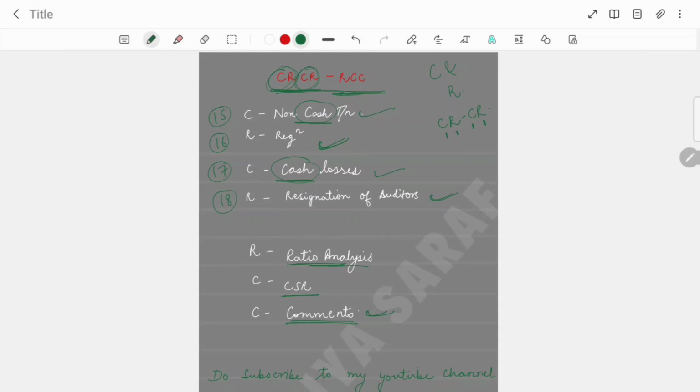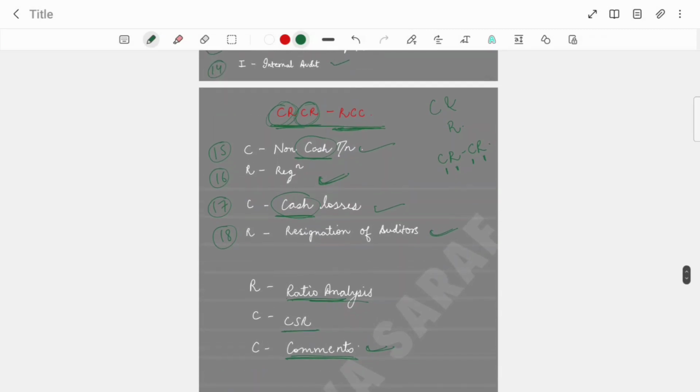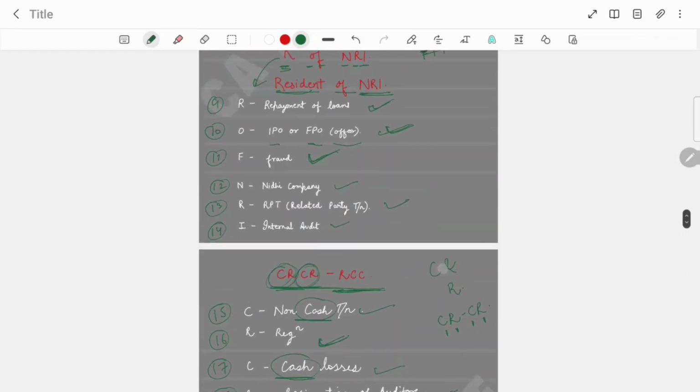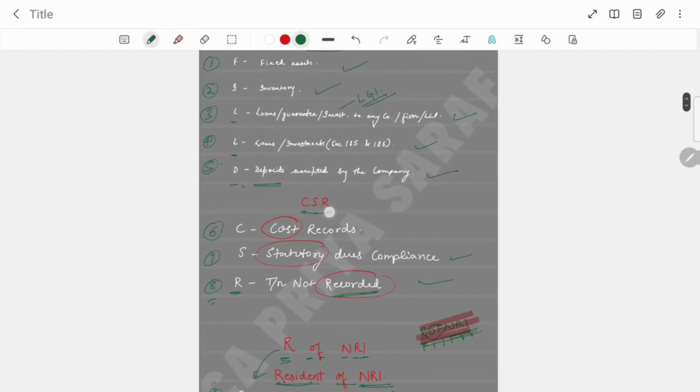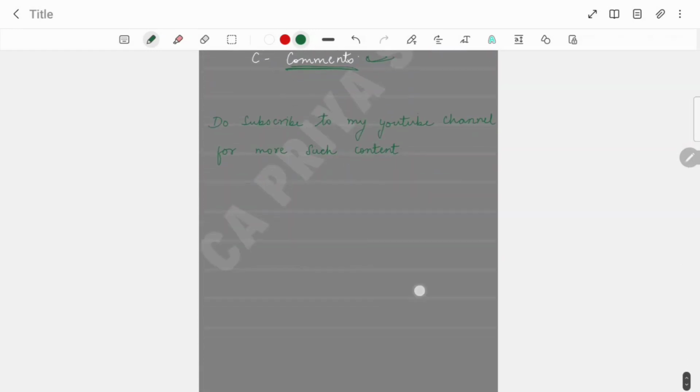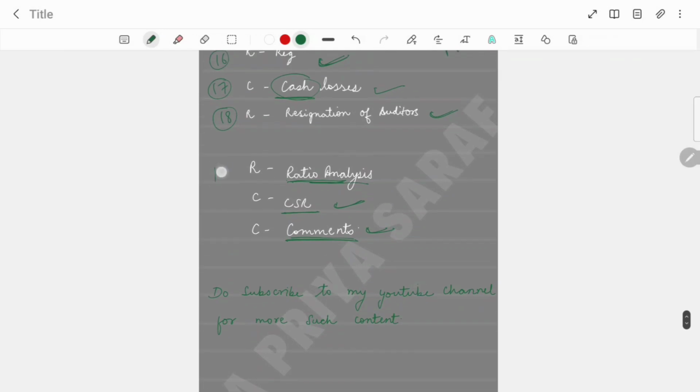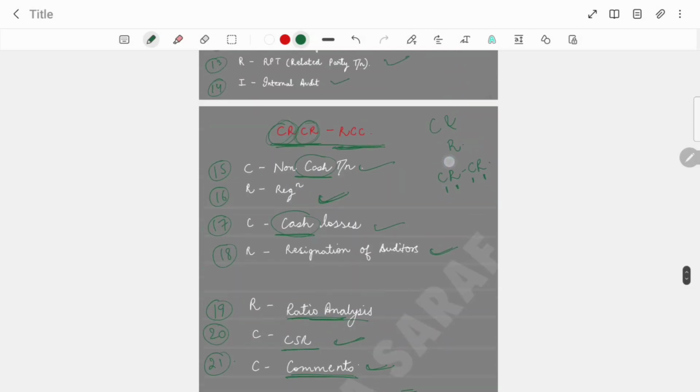When everything is finalized, what is it sent for? It is sent to receive the comments. Also this CSR you can remember easily, because above our memory trick was CSR. So till 18 it was done. This is 19, this is 20, and then this is 21st clause. So all the 21 clauses are easy to learn.